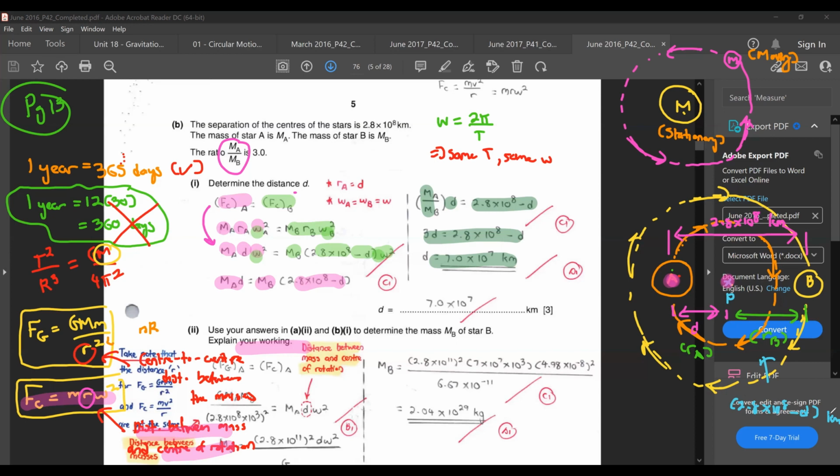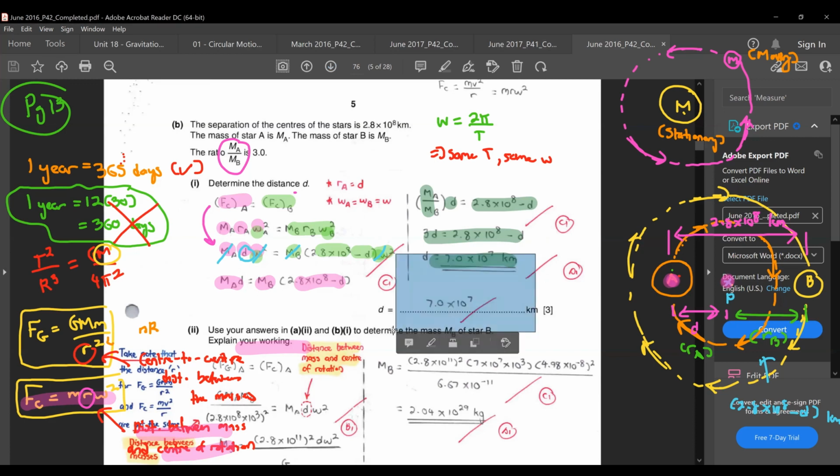So I don't need to change to meter, because I noticed that the unit of mass will cancel off the unit of mass, and the unit of omega will cancel off the unit of omega. Whatever unit I have here will be the unit I have here. If I leave one in kilometer, the other will be in kilometer also, so there's no interference whatsoever. You can change it to meter, but you just make your life a lot more difficult, because afterwards you need to convert it back to kilometer.